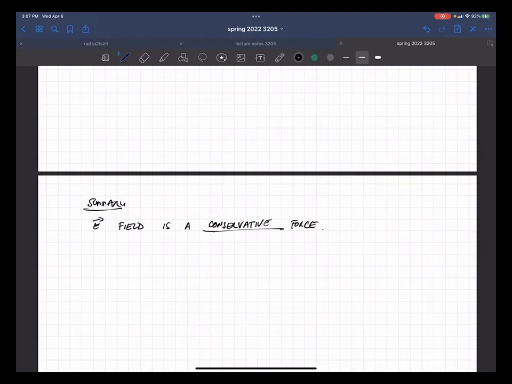Because it is a conservative force, it allows us to define a potential. If this was not the case, we would be left in a pretty bad situation.